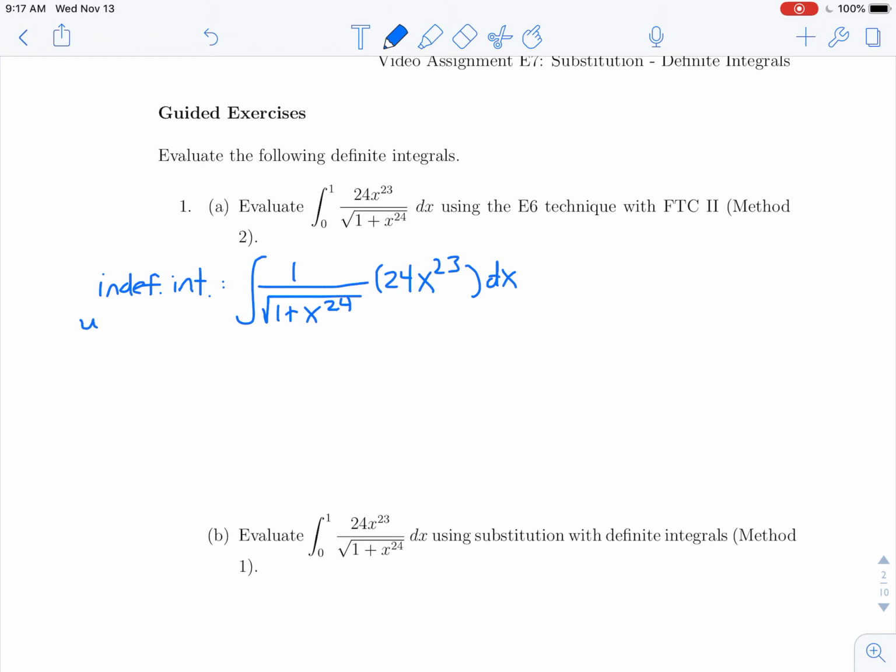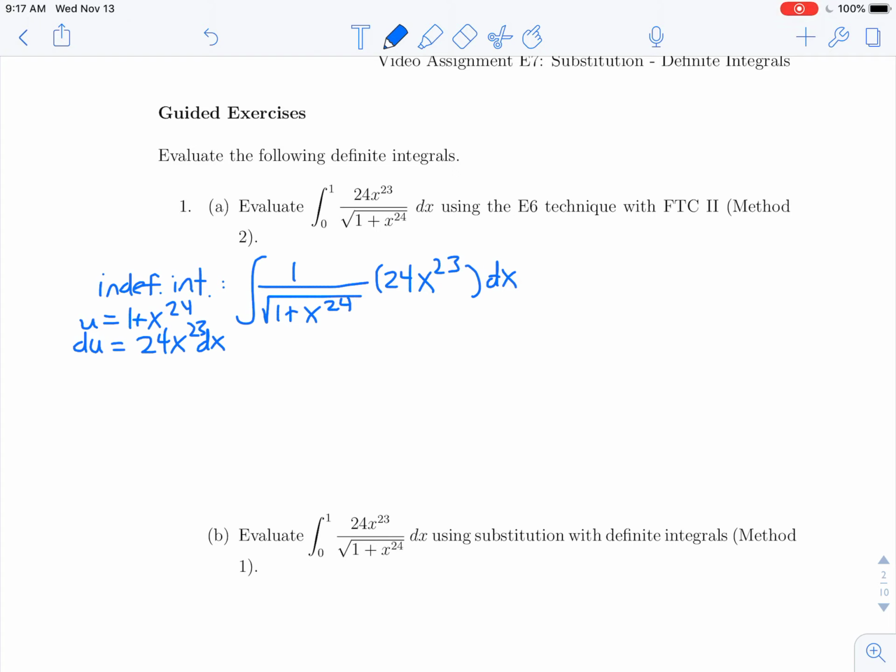And then your u should be 1 plus x to the 24th, and your du should be 24x to the 23rd dx. Notice that I wrote down an indefinite integral.